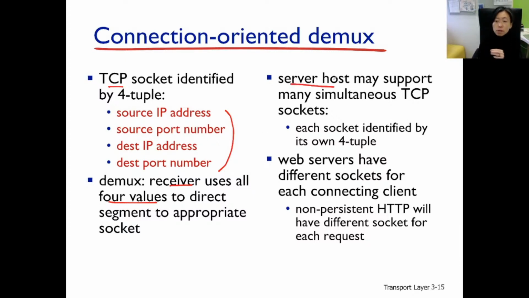Now, a server process running on the host could be maintaining multiple sockets, one for each pair of communication per client. So, for example, a web server could have multiple sockets open for each connecting client. And if this is the older form of HTTP the web server is running, it could be one socket per object request.